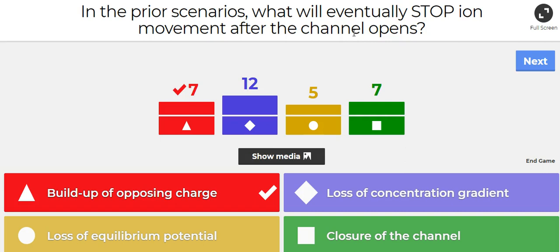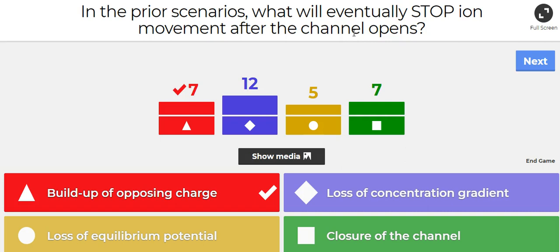But does this make sense before we get into why we're hitting this equilibrium? Why couldn't it be both? Closure of the channel would mean that this channel is actually closing.